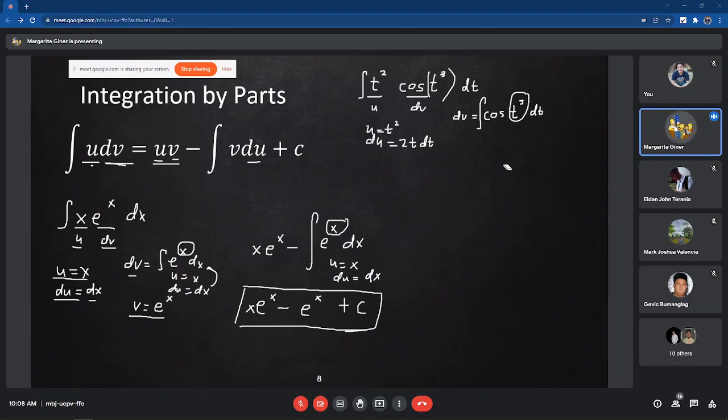Okay? So, what are we going to do with this? If we cannot use it, meaning to say, it is not possible. Wait lang. It also cannot be integration by parts. Alright, okay, wait lang.